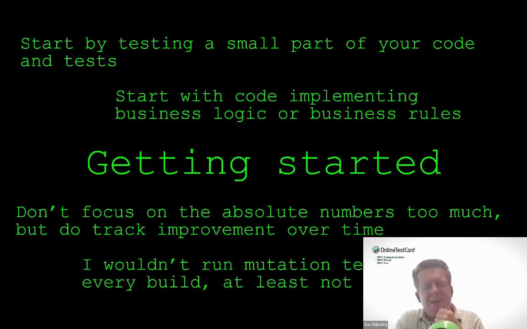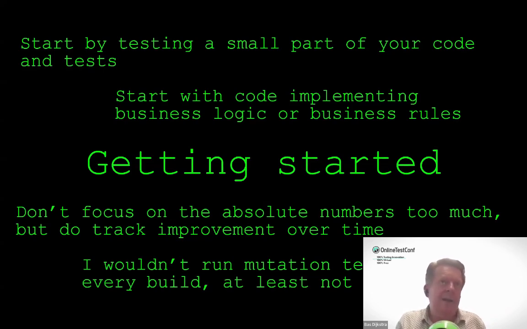Especially, I wouldn't make this part of a build pipeline initially because, one, it is a pretty time-consuming process, and two, someone needs to analyze the information that is produced by your mutation testing tool, which again takes a lot of time.